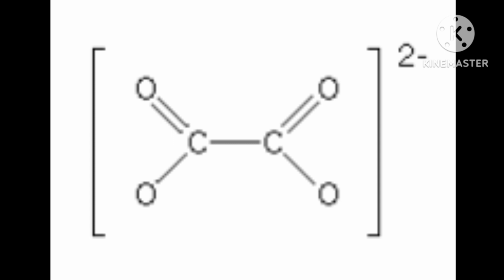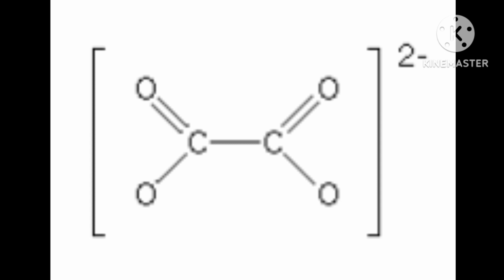And here the same thing is there in Co(en) whole 3. In both cases, in the complex ion [Fe(C2O4)3] with 3 minus outside, and [Co(en)3] with 3 plus outside, the coordination number of both Fe and Co, cobalt, is 6, because C2O4 2 minus and en, which means ethane 1,2-diamine, the shortcut is called en.